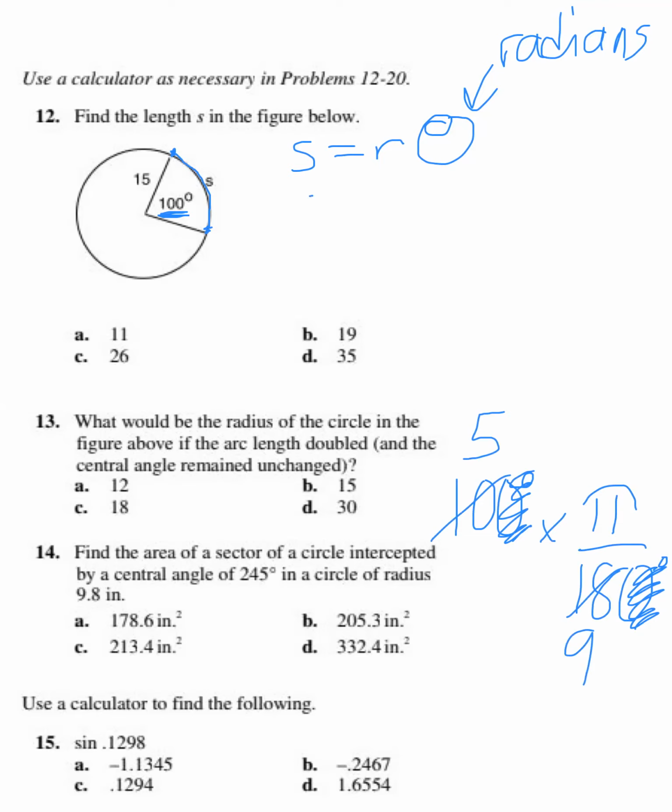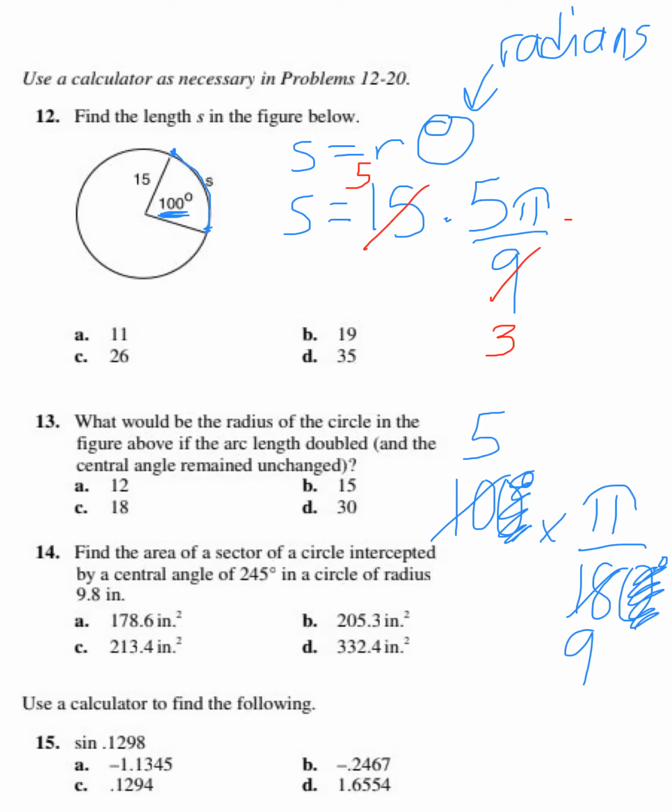So if I come back up here, S equals, my radius is 15, and theta in radians is 5 pi over 9. Now all I have to do is this math, but again, I can reduce first to make my life easier. I have 15 over 9, so I can reduce by 3. 3 goes into 15 5 times, 3 goes into 9 3 times.